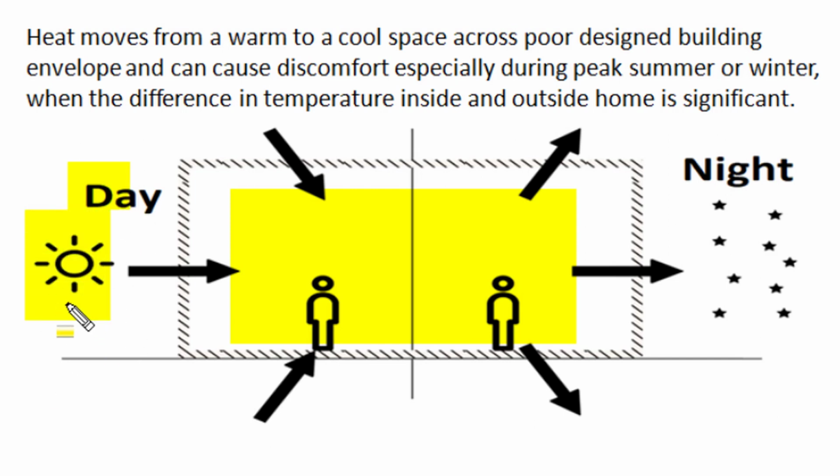When external temperature is higher than internal indoor conditions, heat will transfer from high temperature to low temperature, from the external environment to the room, whereas in night conditions the heat of the internal condition transfers to the external environment, and if the building envelope is poorly designed, then this may cause great discomfort, especially during harsh peak summer days or a very harsh winter day when the difference between external temperature and internal temperature is too much.